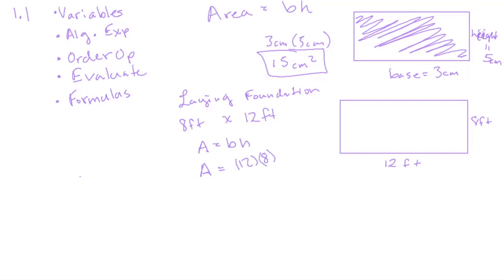So the algebraic expression is just BH, right? And so A equals BH, we can say that this is 12 feet. This is 8 feet, and I know I'm repeating myself. I just want to make sure everybody's good. 12 feet by 8 feet is going to be 96 feet squared, or 96 square feet.